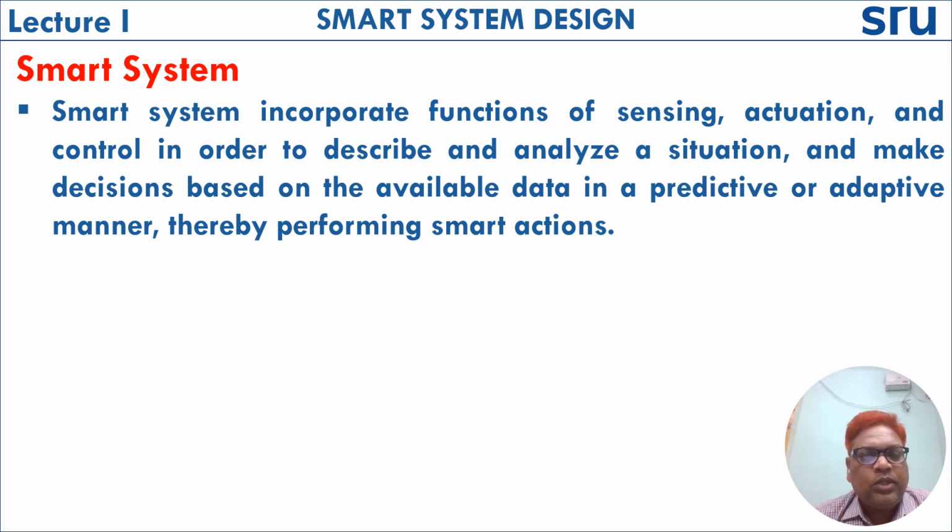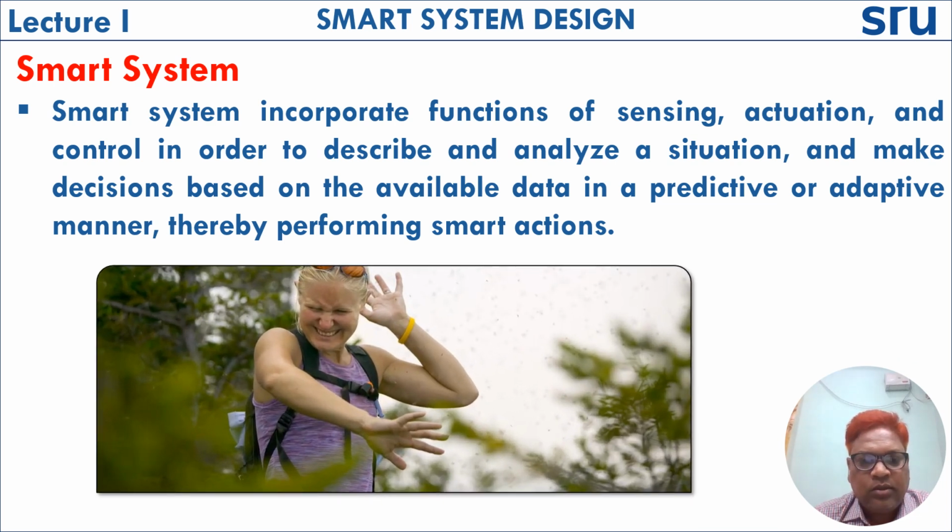We all know that our human body is the best example of a smart system. So let us see what happens when a mosquito hits our body. Our body has 5 sensors.